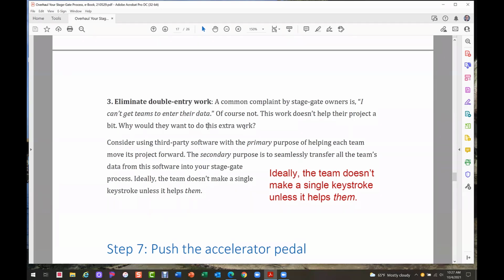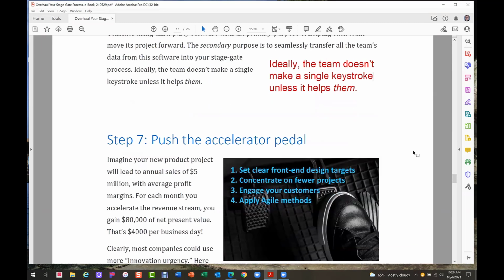What if a team only had to enter the data once to help themselves out, like in Blueprinter, knowing that everything they entered in Blueprinter did not have to be re-entered into the stage gate process? That's a huge efficiency booster. So that is our goal: not a single keystroke is added unless it helps the team. And then the company, in that interface, takes all that data off.